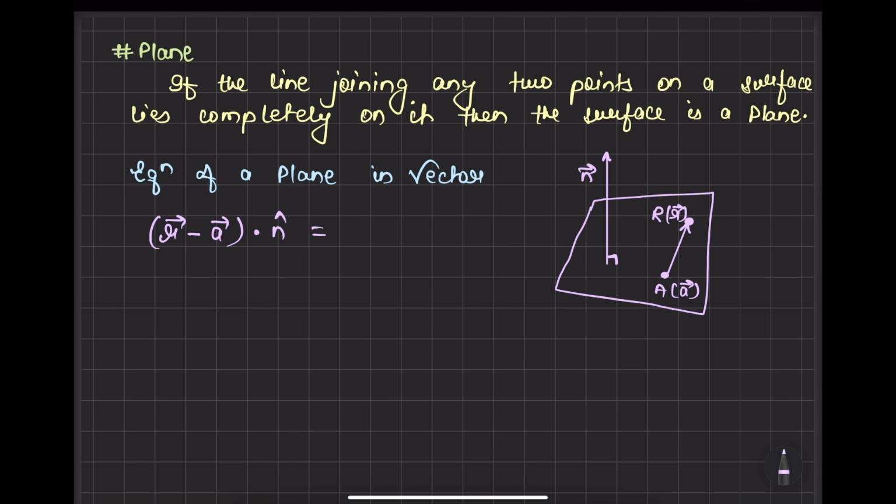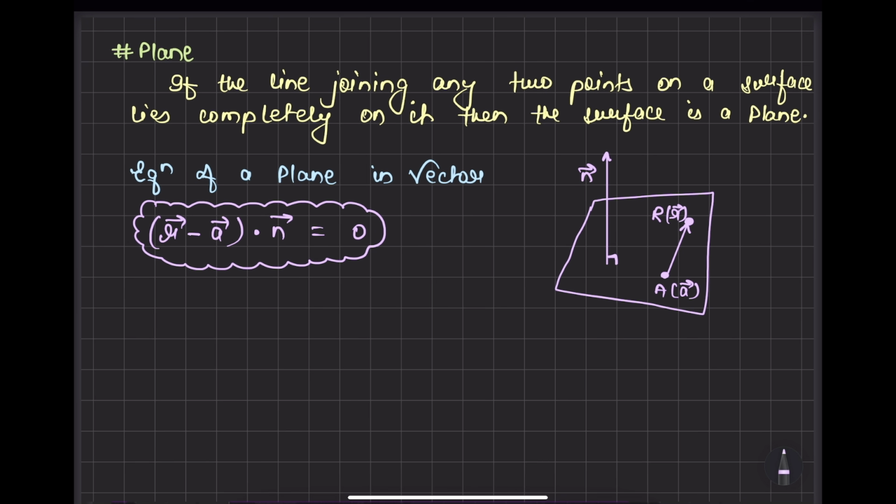Whenever we require perpendicularity, we always take help of the dot product. If these two things are perpendicular to each other, this will come out to be 0. Correct? So this is your equation of plane in vector form. Try to digest this idea.